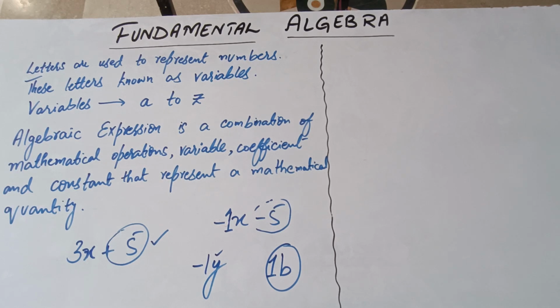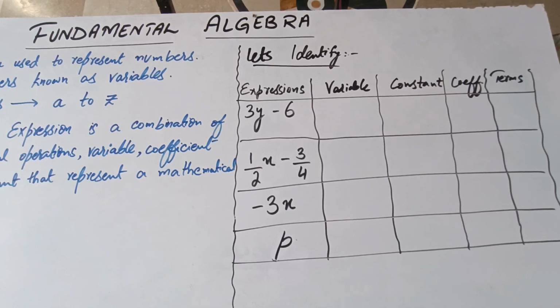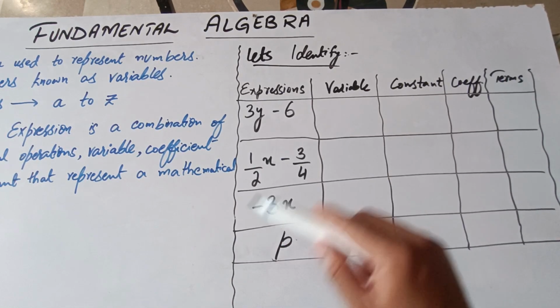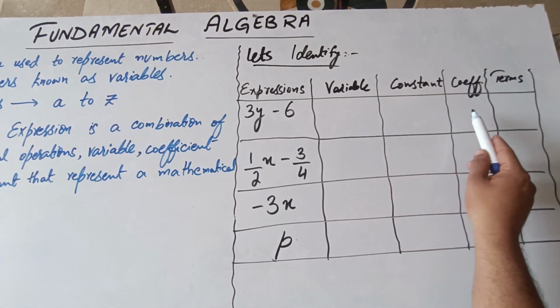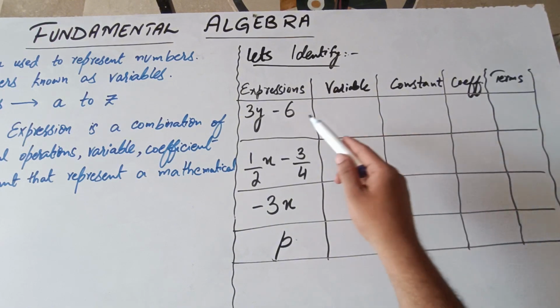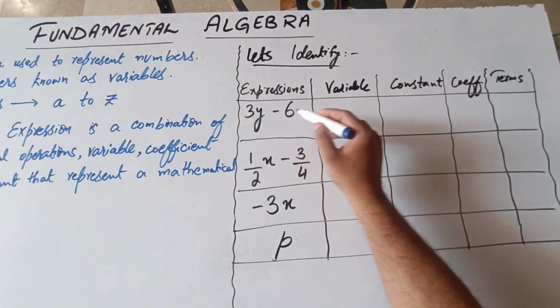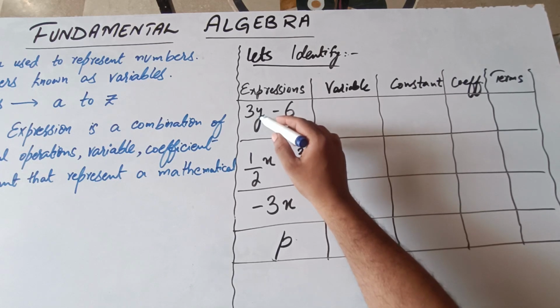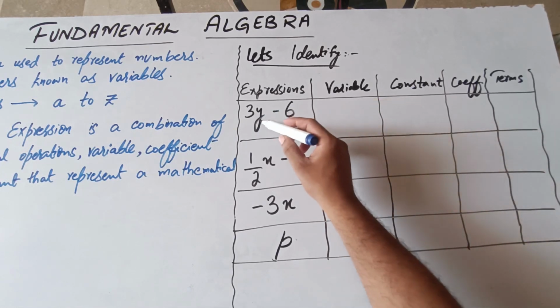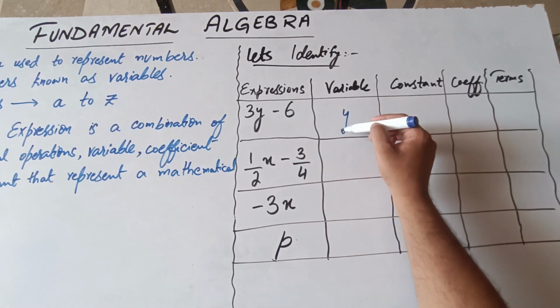Now we will do a little exercise in which we will identify what the terms, variables, coefficient and constant are. Let's identify what the variable is, what the constant and coefficient are, and how many terms there are in this expression. A variable is any English letter from A till Z, so the variable is y over here.